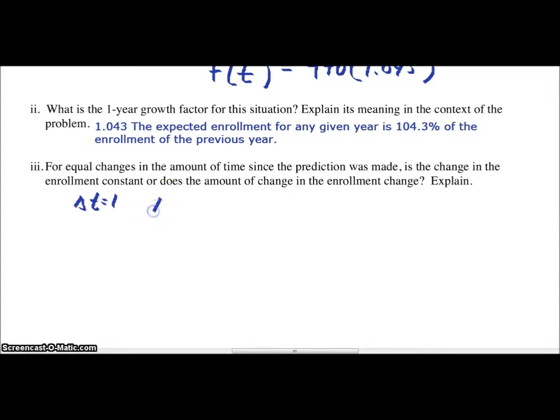If we look at the change in enrollment from some final value, and then we subtract the change in enrollment from some initial value, which is just t minus 1 year earlier.